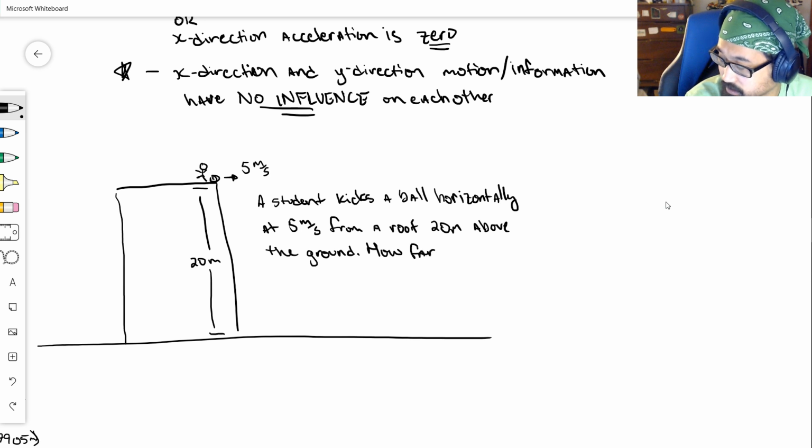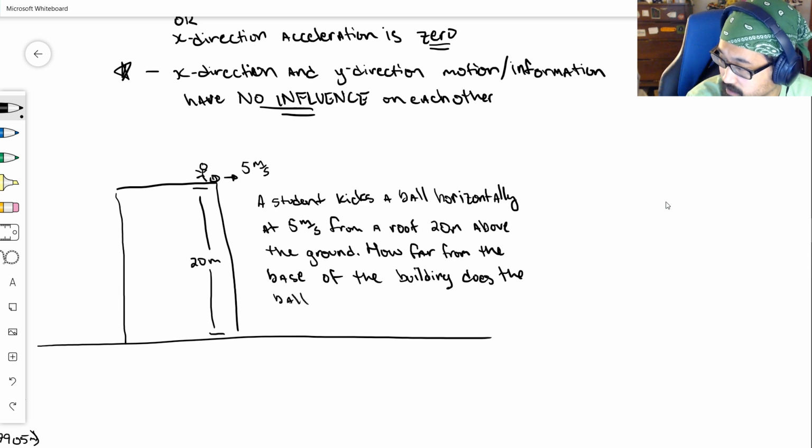How far from the base of the building does the ball hit the ground?